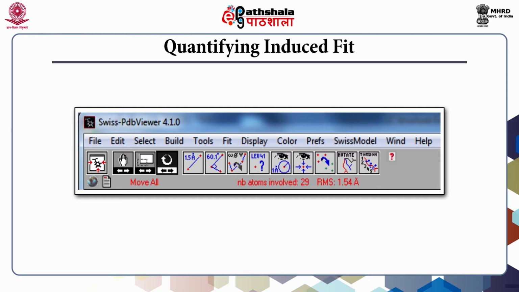The movement of the side chain is more than the movement of the backbone, as RMSD 1.54 is more than 0.89. The average movement of 1.54 angstroms corresponds to a carbon-carbon bond length, which may be required for bringing residues in close proximity to break and make bonds.